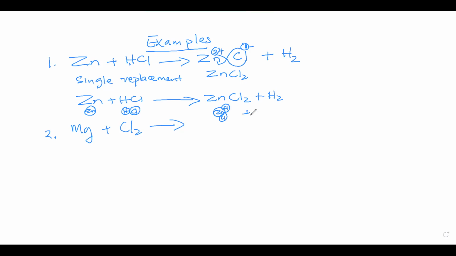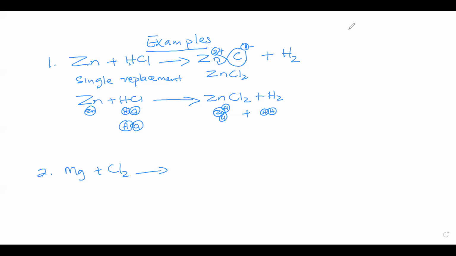Remember this is not the accurate structure of the element. Now, how do you make this equal? How do you make each kind of atom equal on both sides?